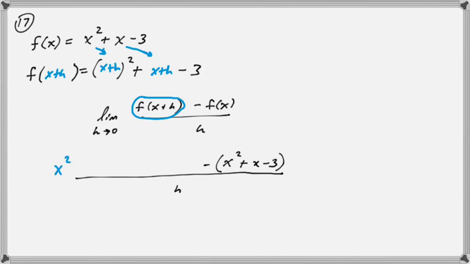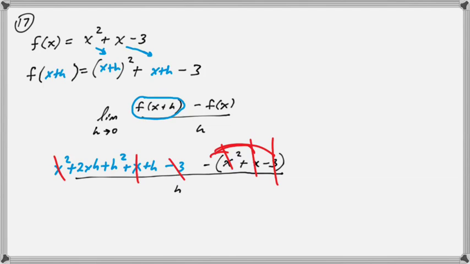You square the first, twice the product, and square the last. Plus the x plus the h, and also a minus 3. Again, if we did this properly, x squared and negative x squared would add to 0. X and negative x, negative 3 and positive 3.